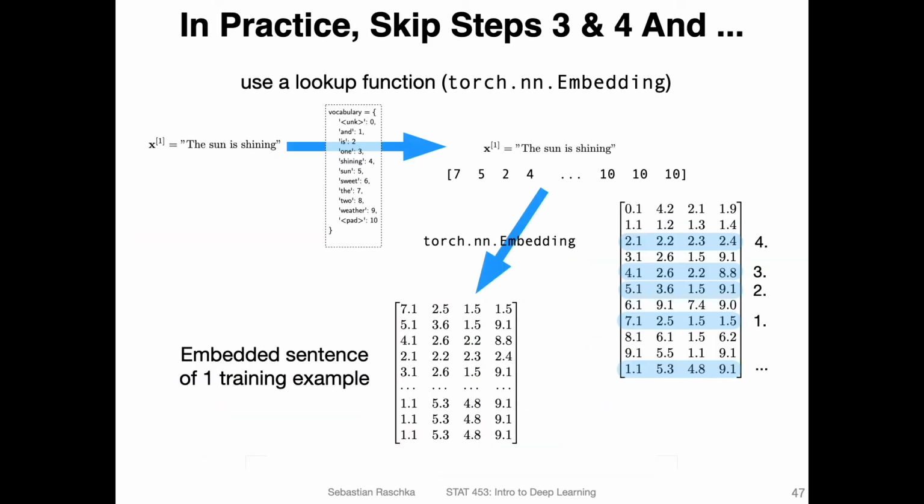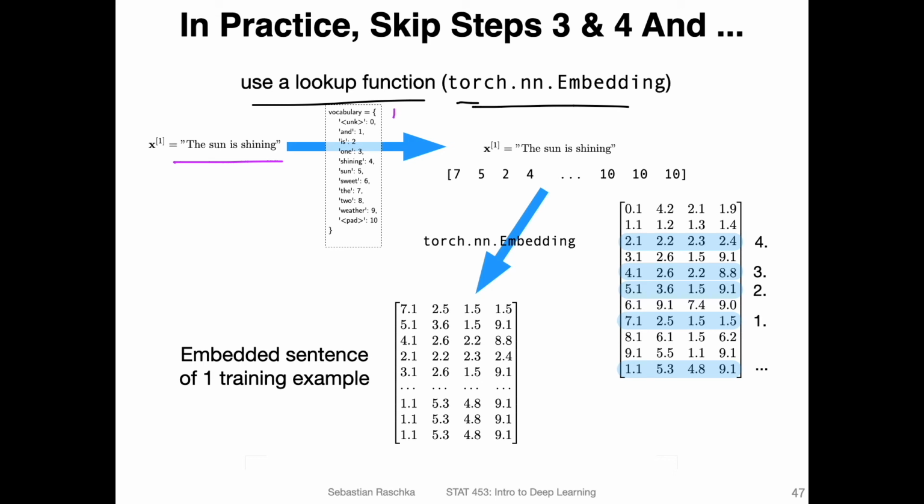So this is what I have here on the next slide. There's this lookup approach called torch.nn.embedding. This is doing the same thing that we've done in steps 3 and 4, but it's more efficient because it's just looking up this value. So now let's consider the whole sentence again. Sentence number 1, the sun is shining.